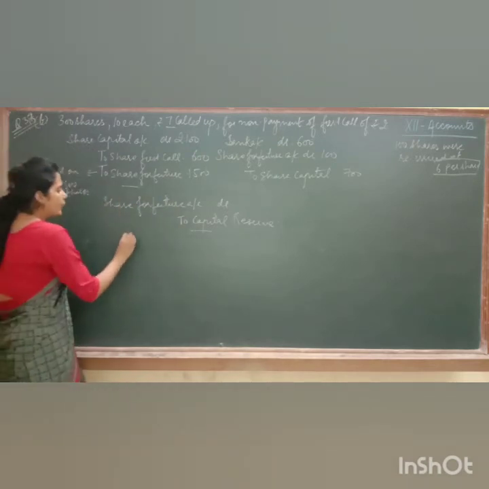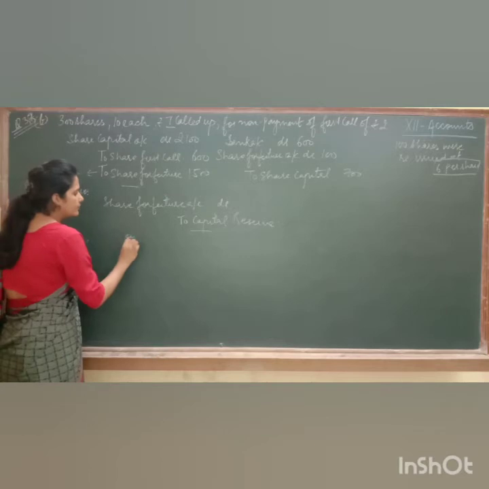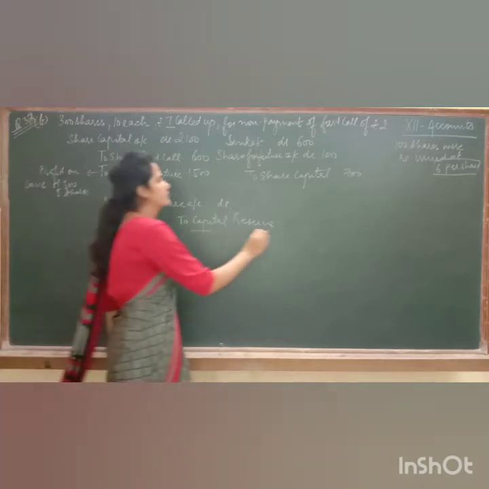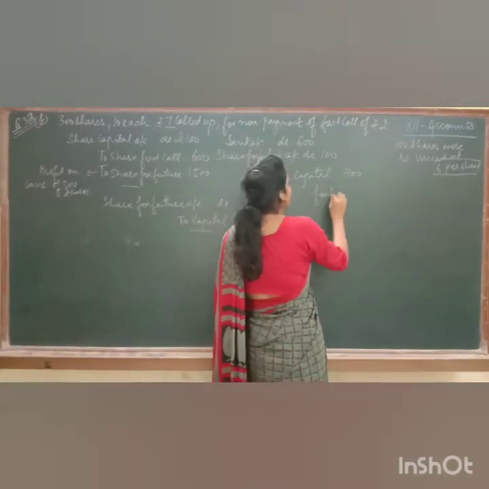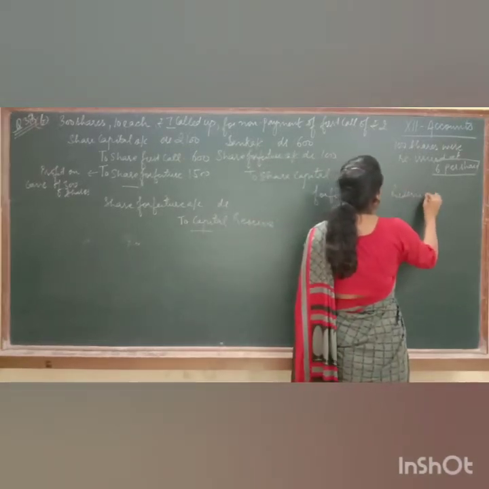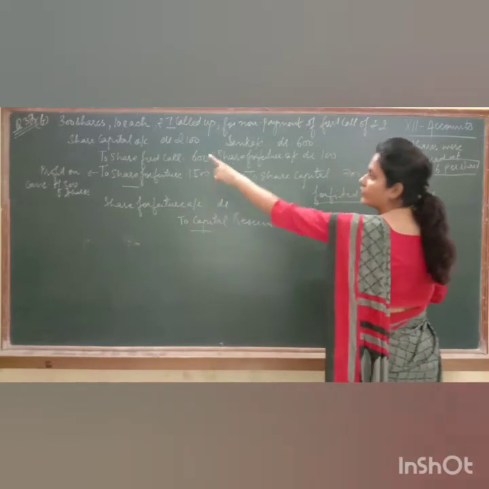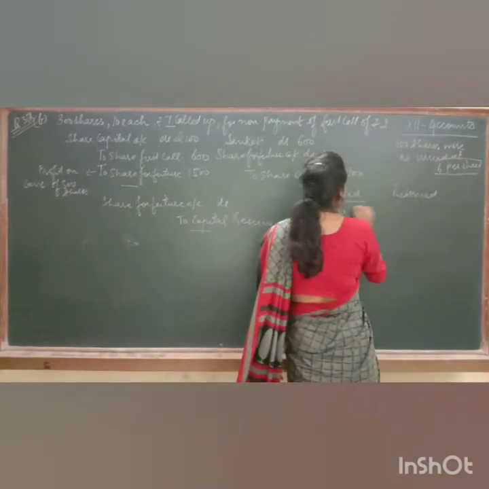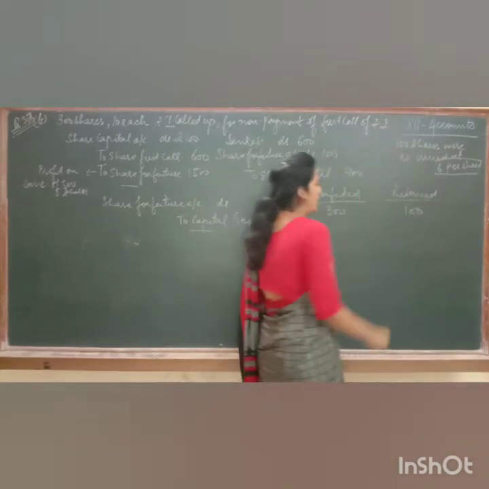Again you have to make that small table. Check the number of forfeited shares first of all, and then the number of reissued shares. Forfeited shares 300, reissued shares 100.